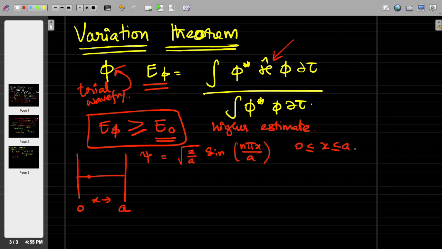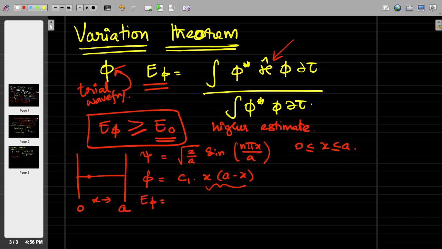Let's say that we do not know this. We can always take a wave function that, let's say, is c1, which is a constant, times x times a minus x. Of course, this function has to have all the features that we have earlier discussed in the postulates of quantum mechanics, where it should be square integrable, it should be continuous, all the features have to exist for the same. Now let's say we take something of this sort.